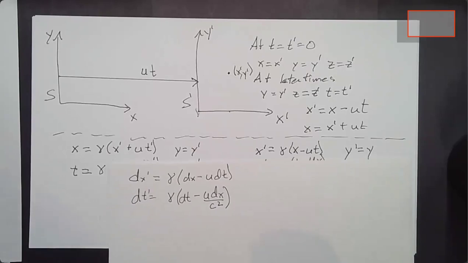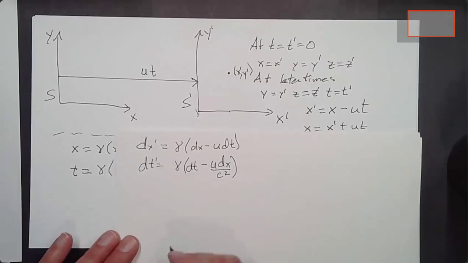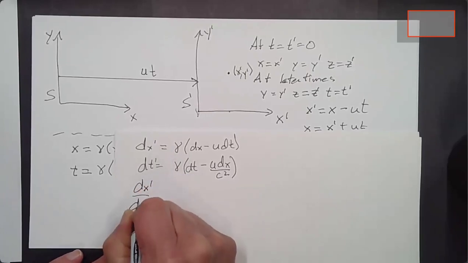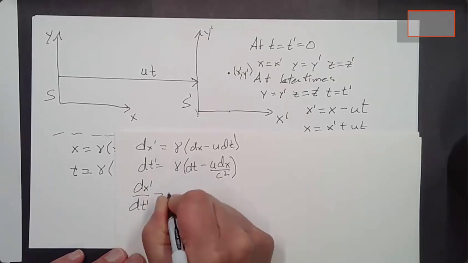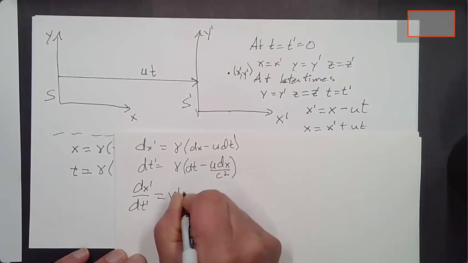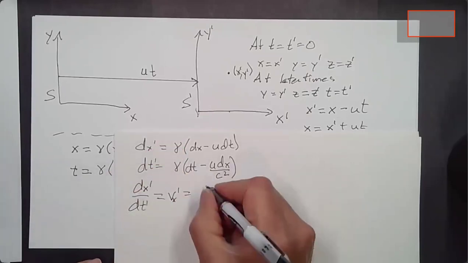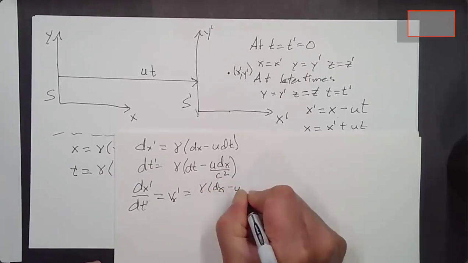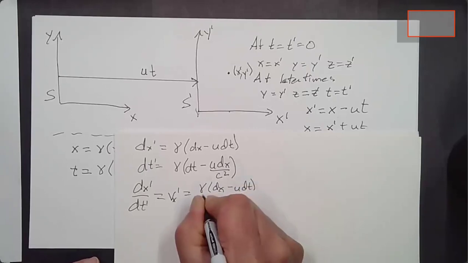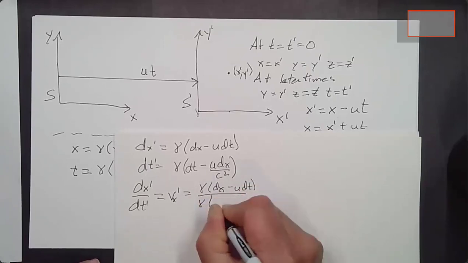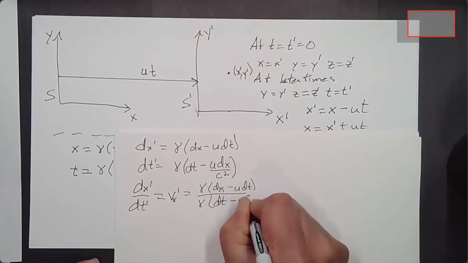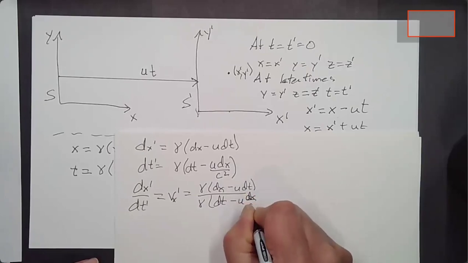Okay, and then from that, I can figure out dx prime over dt prime, which is actually going to be v sub x prime. Well, I just take this and divide it by that, and so I'll have gamma times dx minus u dt, divided by gamma times dt minus u dx over c squared.